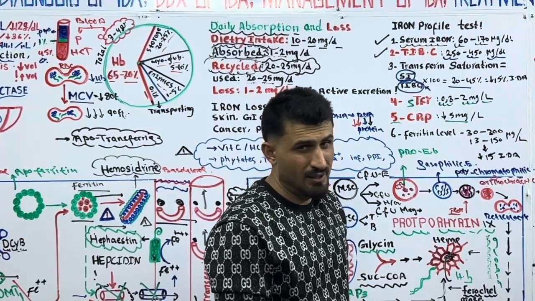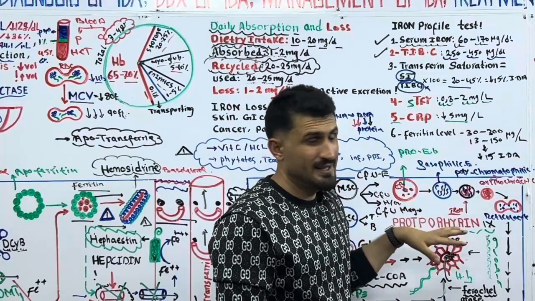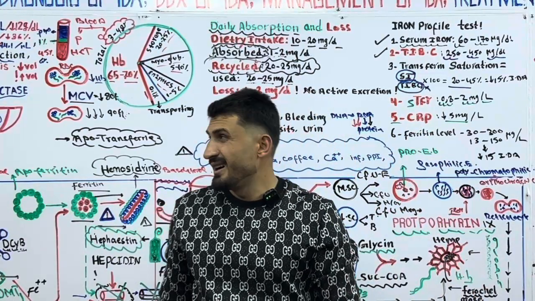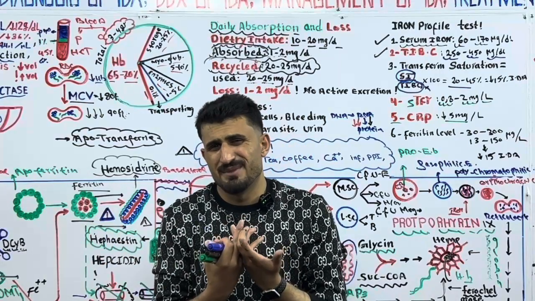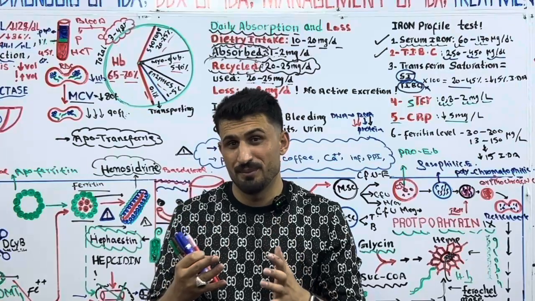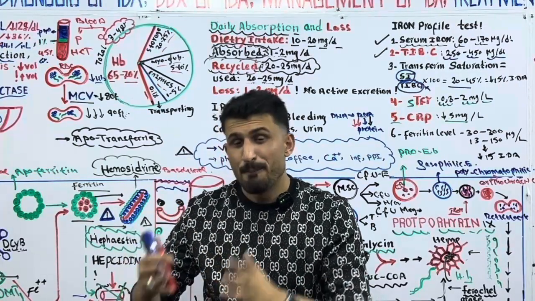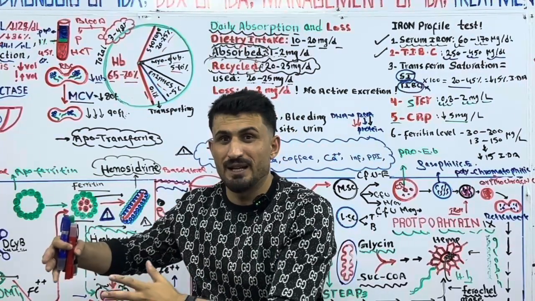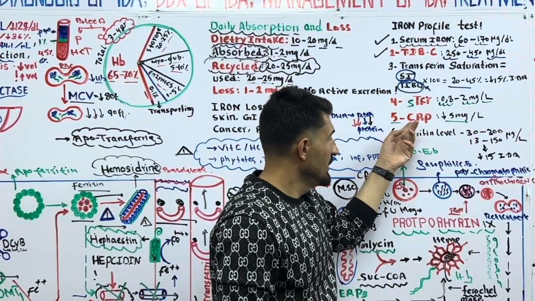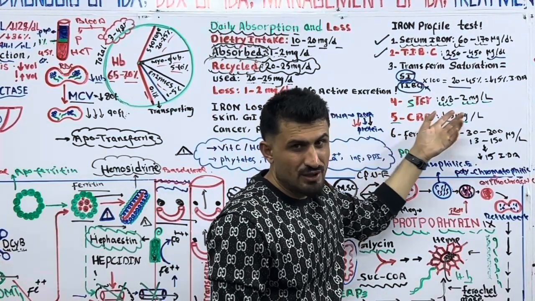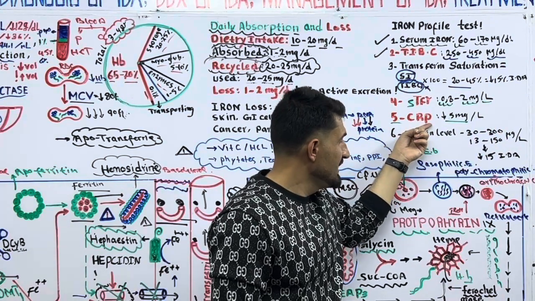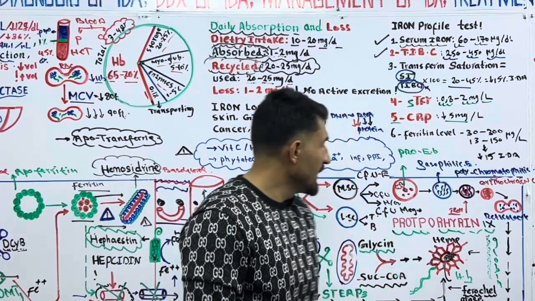A lot of the time, besides the iron deficiency anemia, we check for the causes of iron deficiency anemia, because anemia is like a sign and symptom, so there must be a cause behind it. You have to treat both of them: treat the anemia, plus treat the cause of the anemia. When you are searching for the cause, one of the ways is CRP, or C-reactive protein.